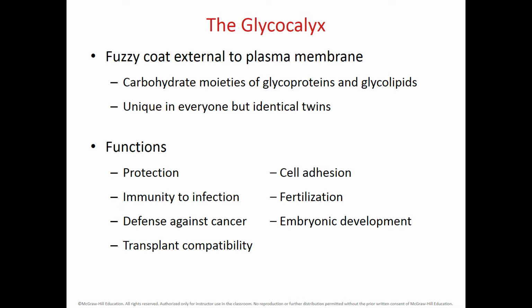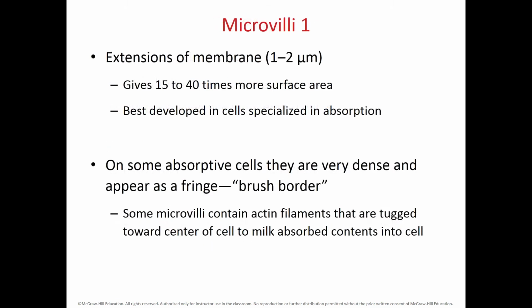Some functions of the glycocalyx are to protect the cells, to provide immunity to infection, to defend against cancer, to identify persons who are compatible for transplant, to adhere the cells for fertilization, and for the development of the embryo.